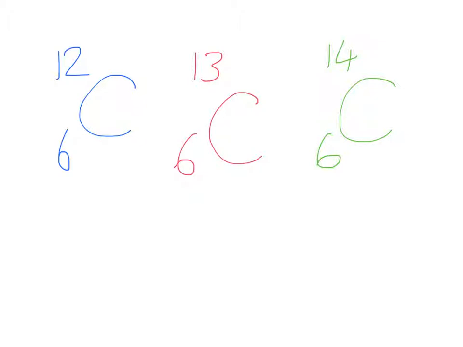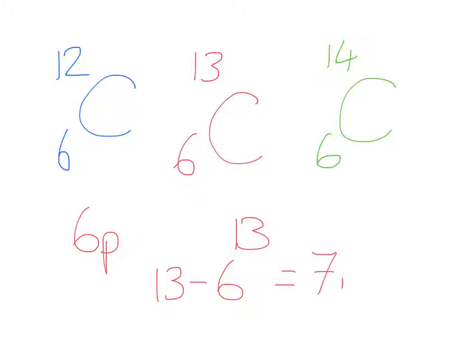Carbon-13 has 6 protons and has 13 as a mass number. 13 minus 6 equals 7 neutrons. So, doing the same for carbon-14, we can also work out how many neutrons it has. Again, it has 6 protons and a mass number of 14. So, minus the 6 protons away from the mass number leaves us with the number of neutrons, which in this case is 8.